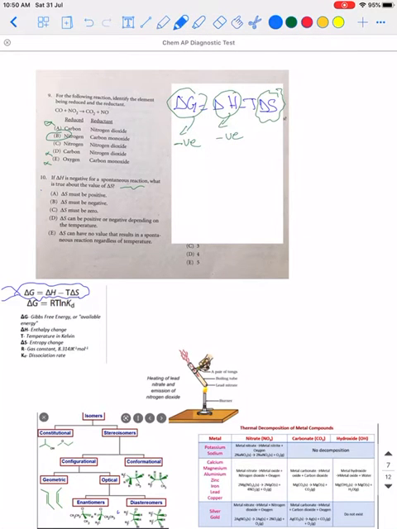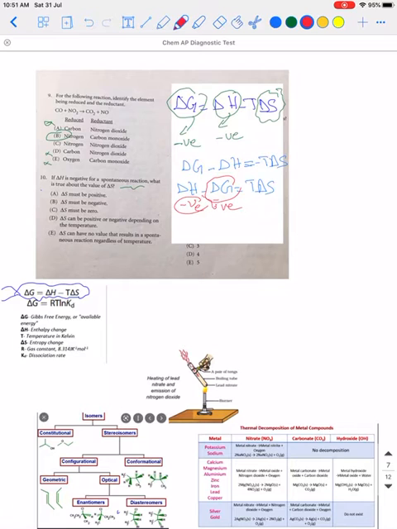I can write delta G minus delta H equals negative T delta S. I multiply everything by negative, which means that delta H minus delta G equals T delta S. This is negative and this is negative.